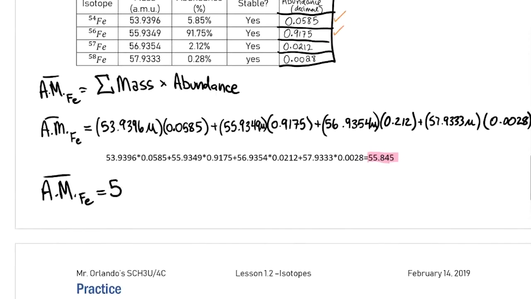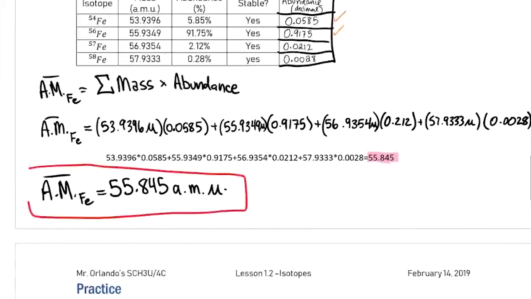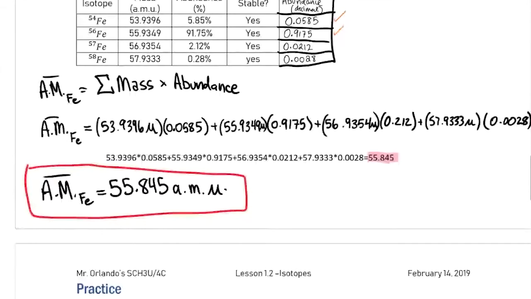And we should get an average mass of 55.845 atomic mass units. There we go. So hopefully that makes sense. Hopefully that doesn't give you any major trouble.